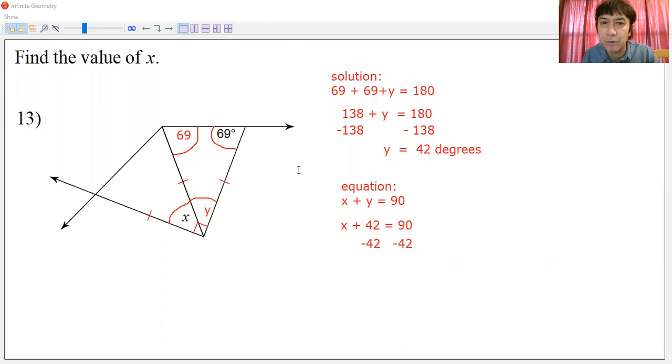And so x is computed. x is equal to 90 minus 42, and that gives us 48. This will be 48 degrees. That goes to our x. This is our answer.